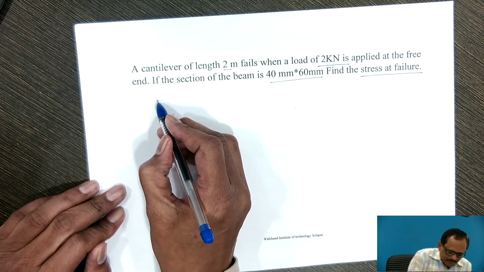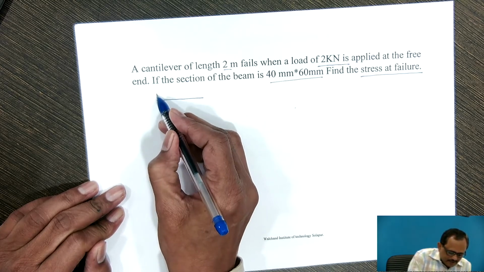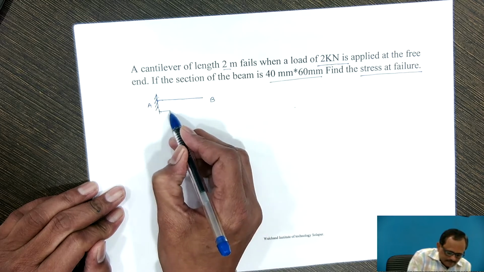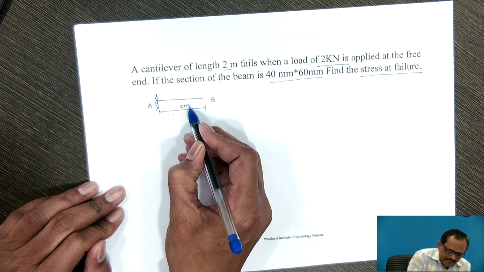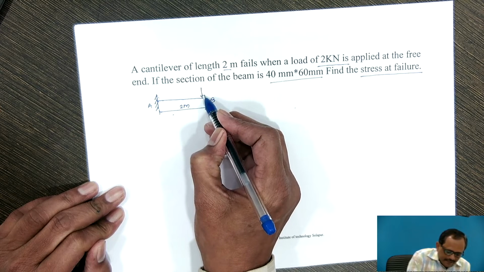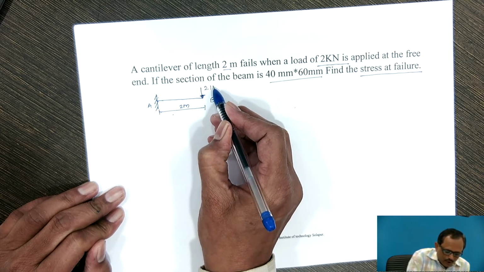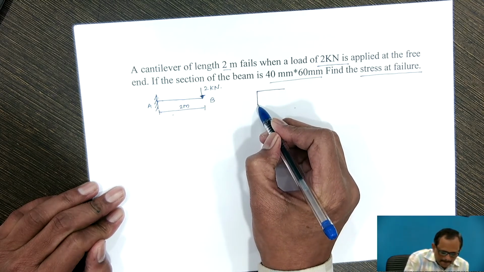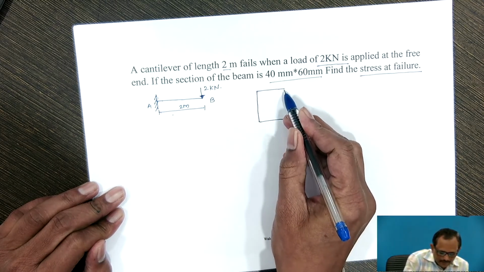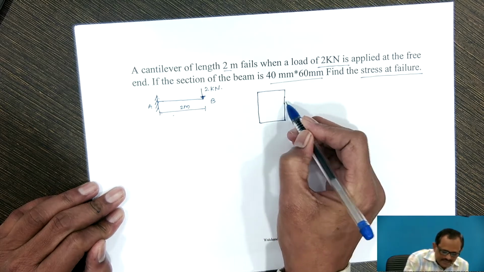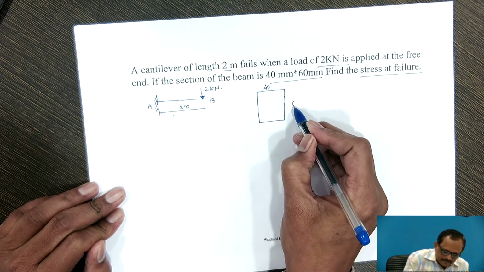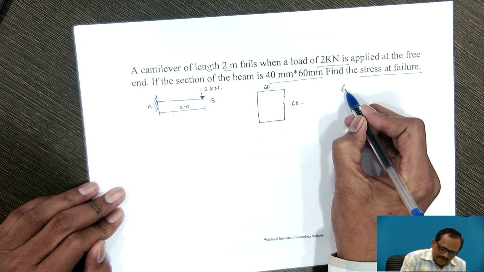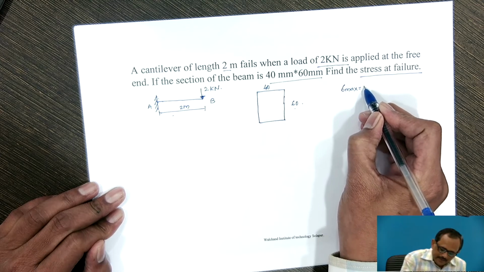So, this particular beam is a cantilever having span 2 meter, and it carries a point load of 2 kilonewton at its free end, and the section is a rectangle having width 40 mm and depth 60 mm. We have to find out the maximum stress at the time of failure.